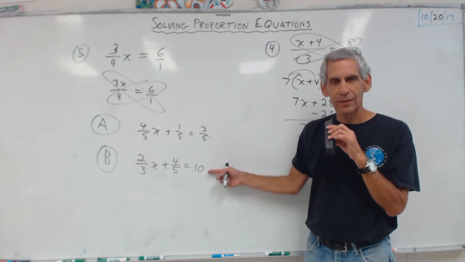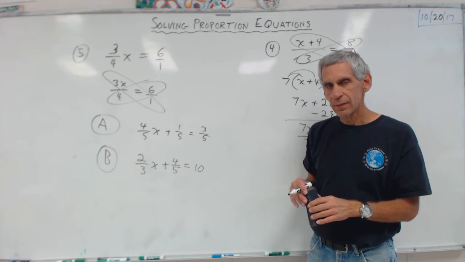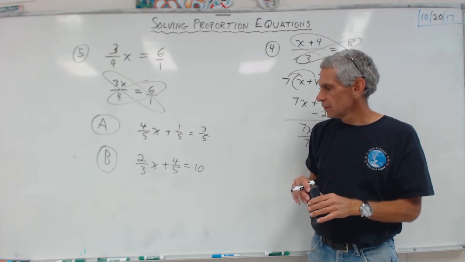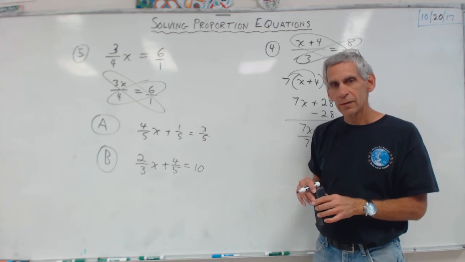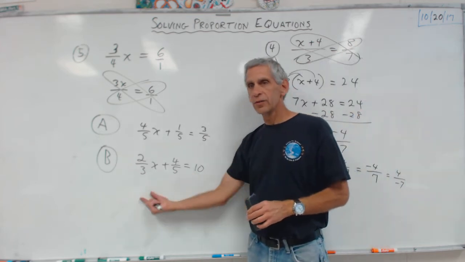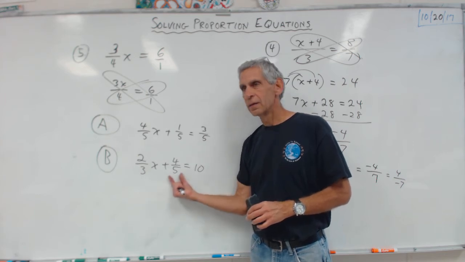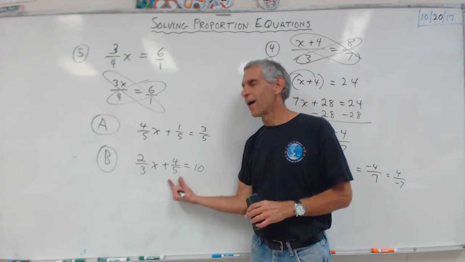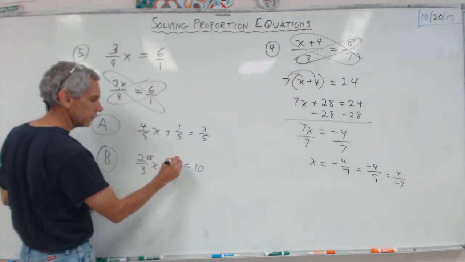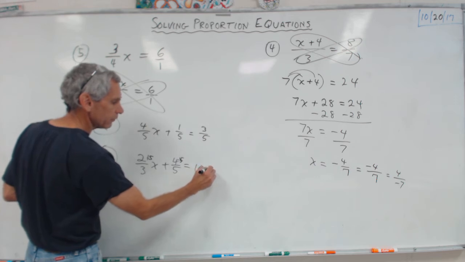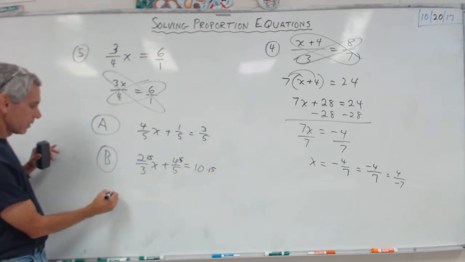Okay, Lucas, tell me, what would you do? So would you find a common denominator and then multiply everything on the top by that? Yes. What would the common denominator be? Remember the trick? Does 3 go into 5? No. Does 3 go into 10? No. Does 3 go into 15? Yes. 15. So you'd multiply everything times 15, and then you'll be able to solve it.